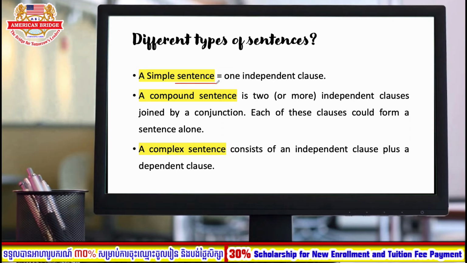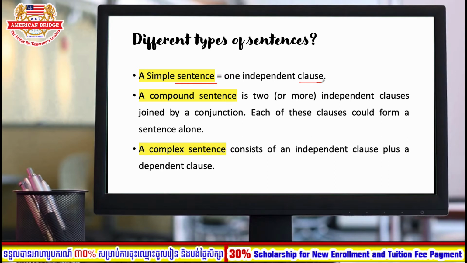Then we call it a sentence. However, when we talk about a clause, we talk about the structure, whether it has a subject and a verb or not. So when we focus on the structure, we call it a clause. But when a clause has a complete meaning, we call it an independent clause, or simply a sentence. So a simple sentence refers to any sentence that has only one independent clause.